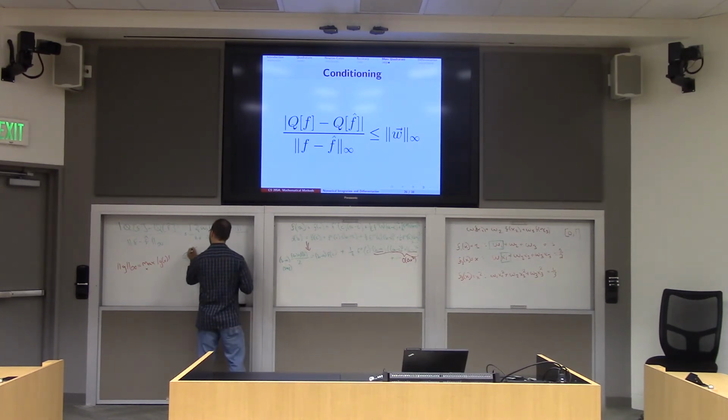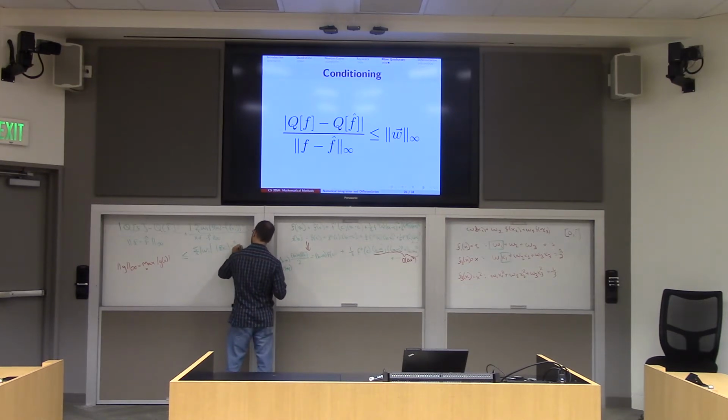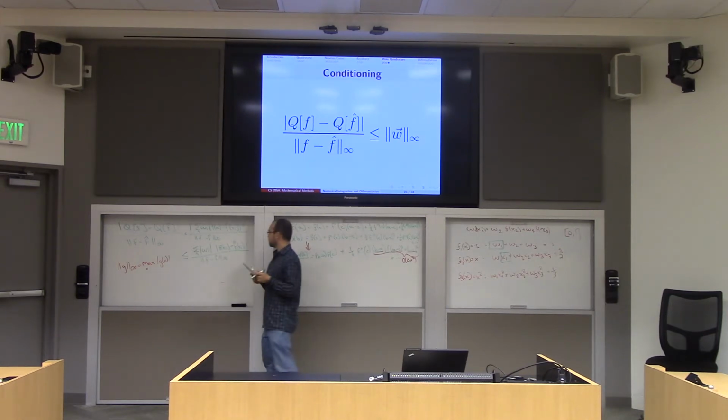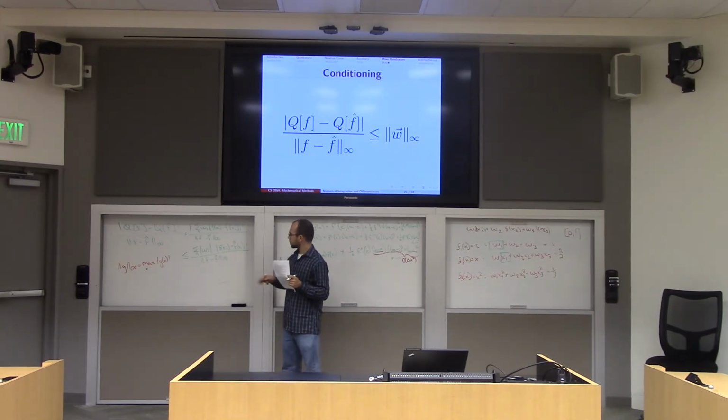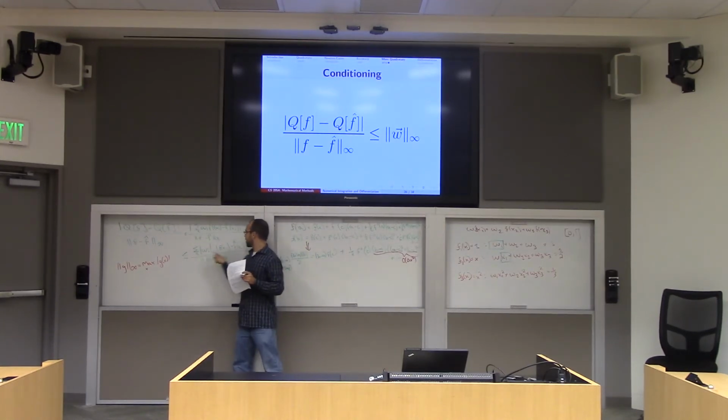And in fact, you now get that this is the sum over |wi| times |f(xi) minus f hat(xi)|, all that divided by |f minus f hat|. Okay. So this is the difference of two f values at some xi. So this number is clearly less than taking the max of this difference over all the x's.